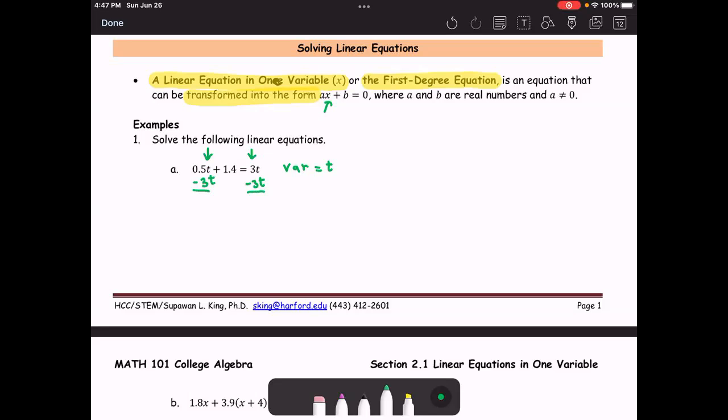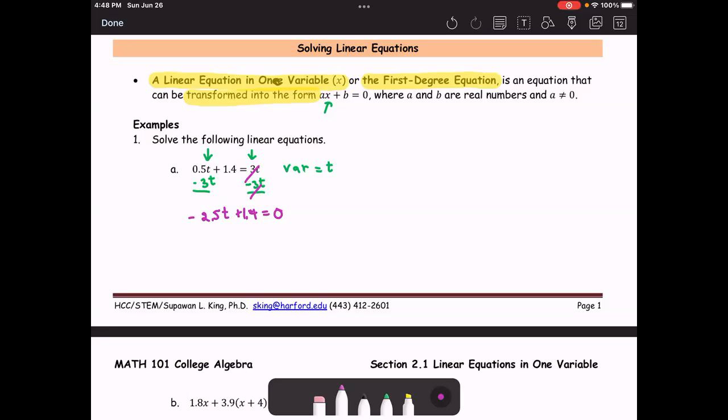And then we can see that the right-hand side becomes 0. So the left-hand side becomes negative 3 plus 0.5, or negative 2.5 times t plus 1.4 equals 0.